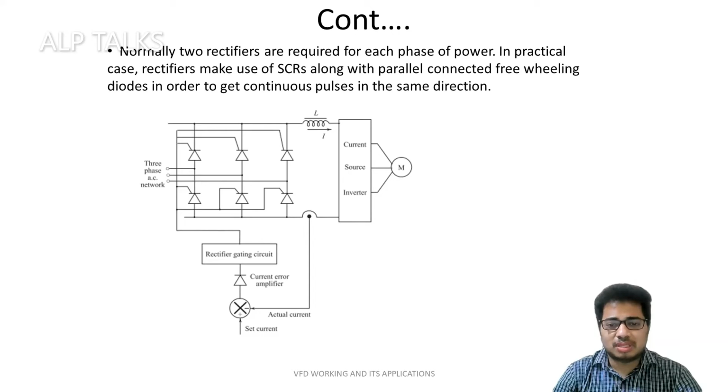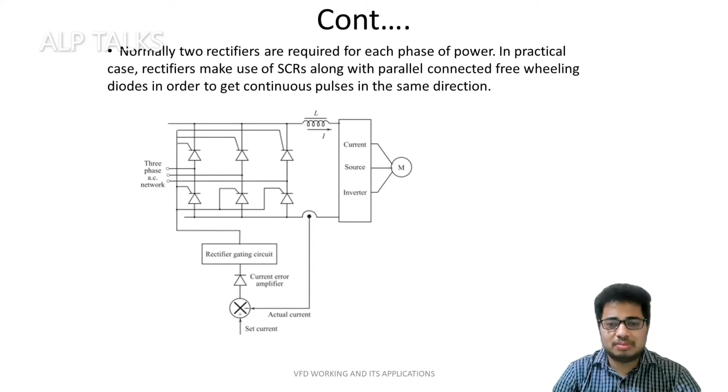Then a current source inverter, and then we feed the motor. We also need a rectifier gating circuit for the entire setup. We are using a current error amplifier, and we get actual current data from a sensing element, and based on that we give the firing circuit to the rectifier circuit.